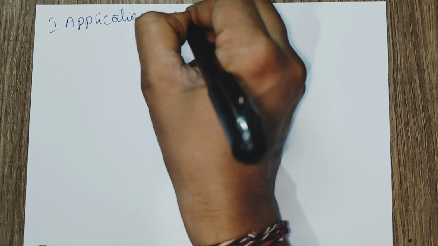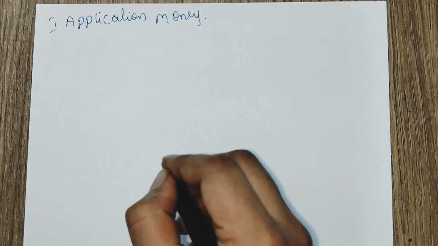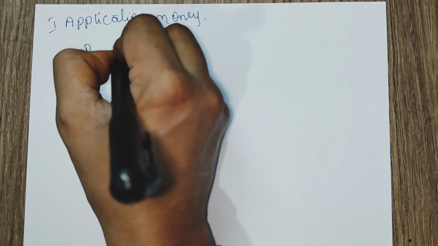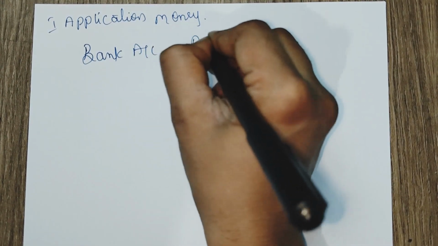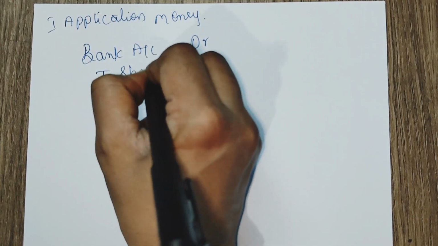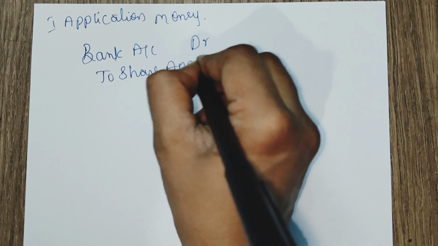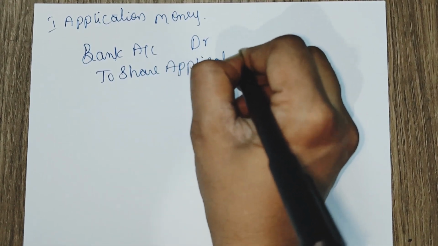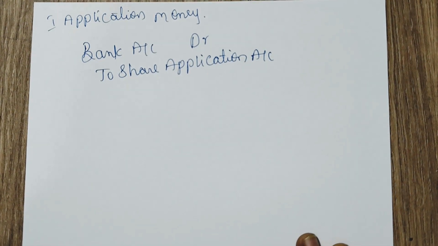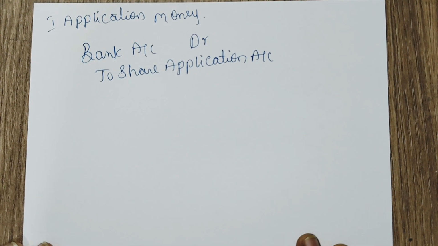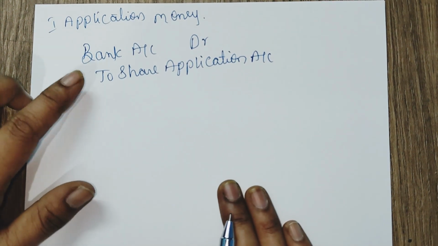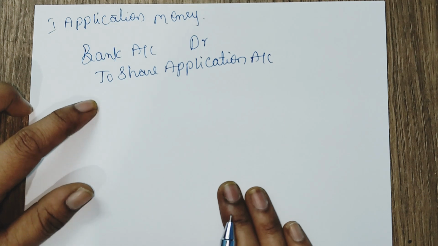Bank account debtor to share application account. This is the first entry you are passing for the application money received. You debited the bank account and credited the share application account.